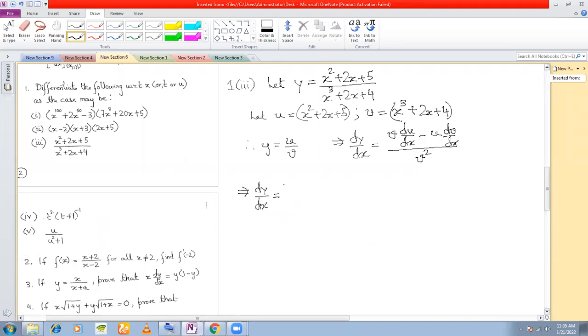is v, which is x cube plus 2x plus 4, into d/dx of u, or du dx, which is x square plus 2x plus 5, minus u, which is x square plus 2x plus 5, into the d/dx of v, or dv dx, which is x cube plus 2x plus 4.